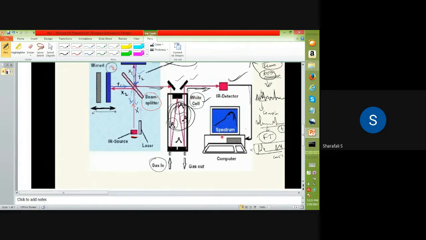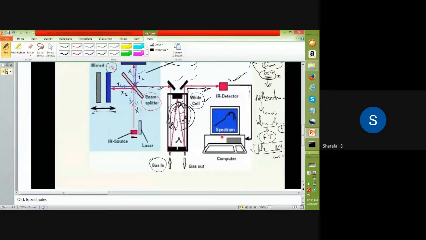So that's all about FTIR. Also, the resolution is nothing but the ability to separate each and every frequency component. That is the resolution of the IR spectrum.